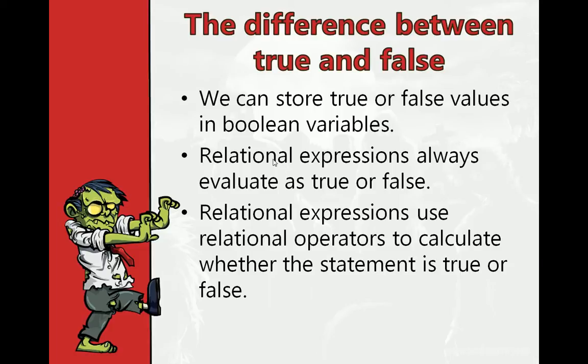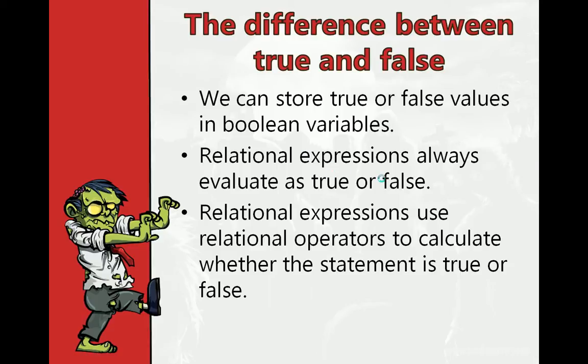Maybe if you've taken algebra, you know that if I say x is greater than 3, then x is either 4, 5, 6, 7, 8, all the way up to infinity. So, relational expressions use relational operators to calculate whether the statement is true or false. Then we can have our program execute a block of code if the statement is true, and we can also have our code execute a block of statements if the statement is false.